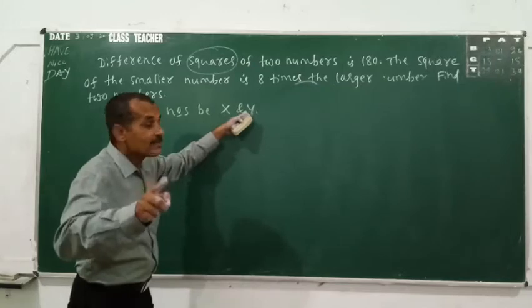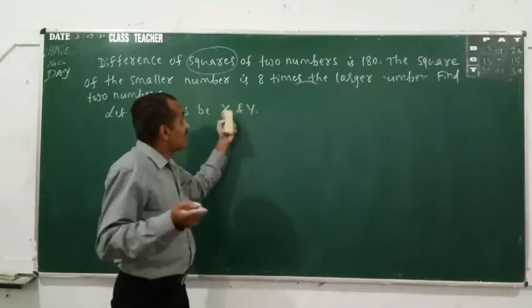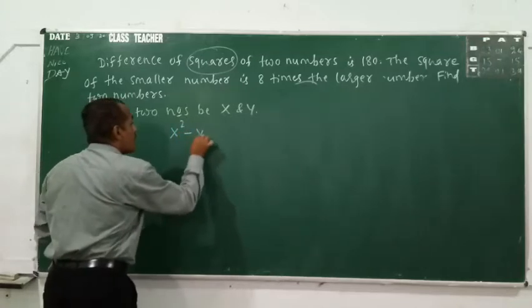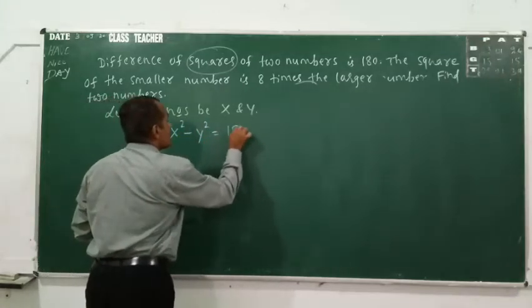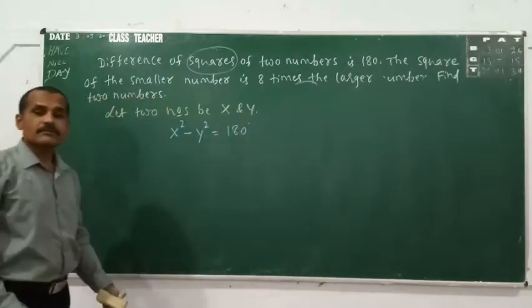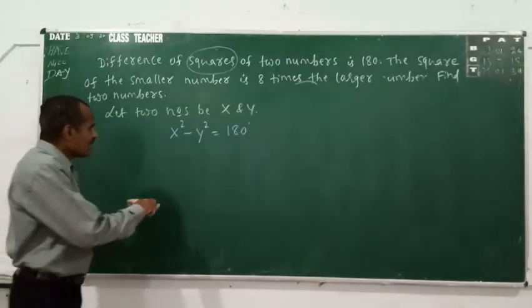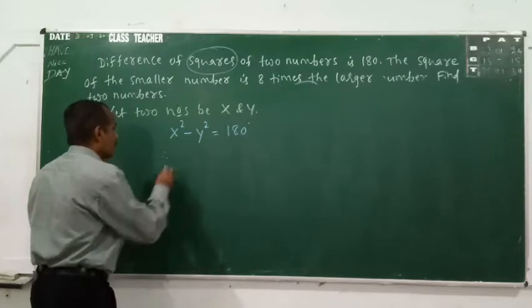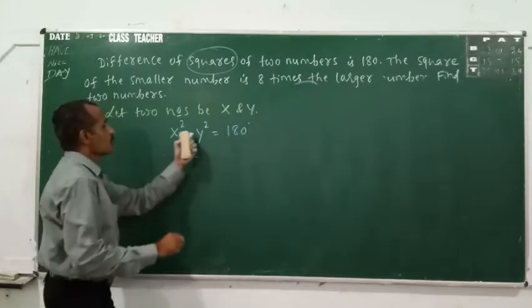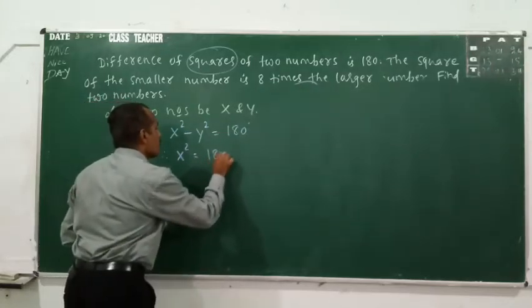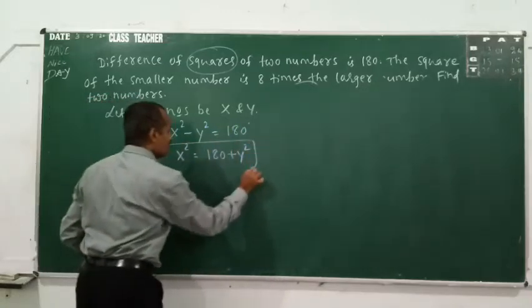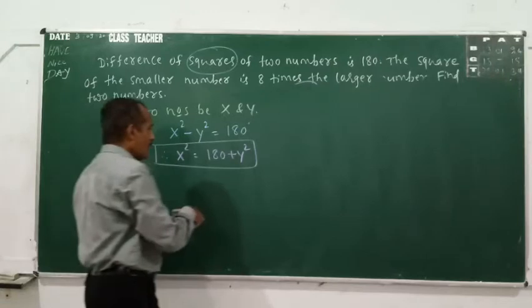Difference means subtract, and difference of what? Their squares. I will write x square minus y square is equal to 180. And I will rewrite it like this. Therefore, x square is equal to, I will shift it, 180 plus y square. This I will keep as equation number 1.